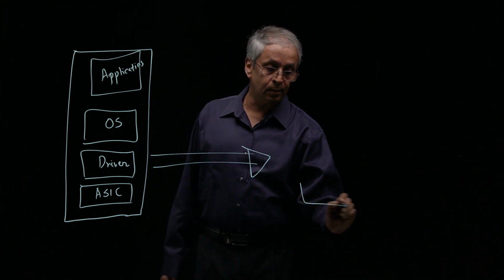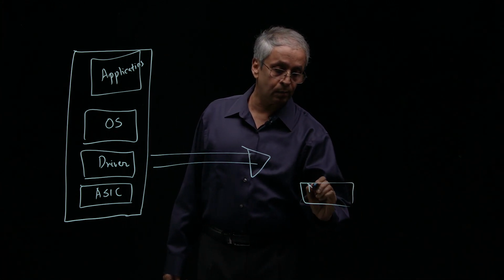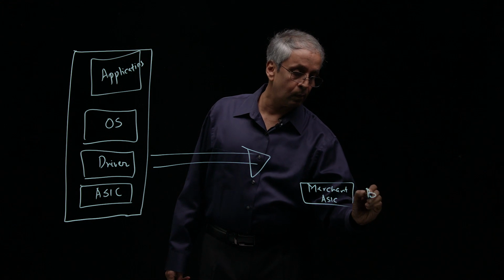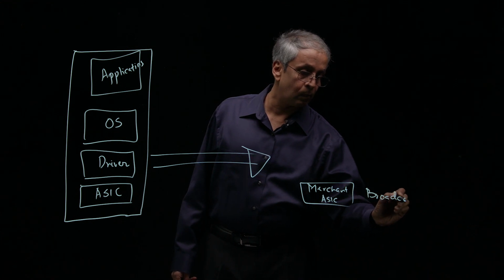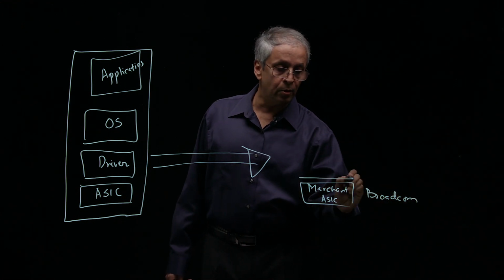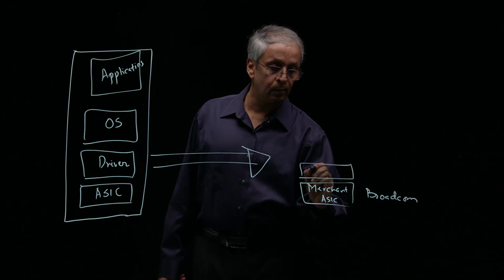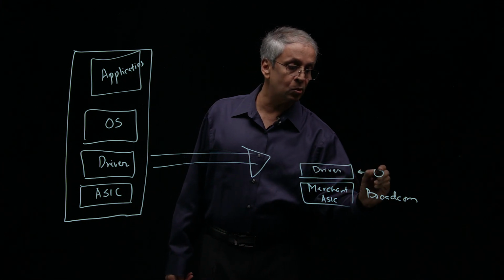So you have an ASIC, like a merchant ASIC, like Broadcom. The driver that ASIC provider provides, which is also, in some instances, open.